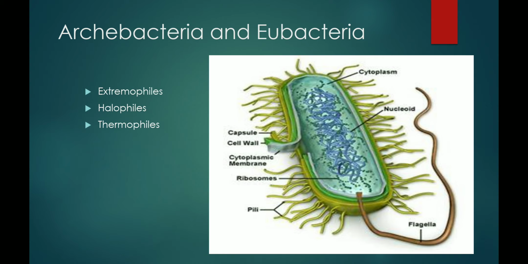Morphologically, the bacteria are categorized into 4 groups: the spherical, the rod-shaped, comma-shaped and spiral-shaped. Based on this shape, there are 4 types of bacteria, that is Coccus, Bacillus, Vibrio and Spirillum.